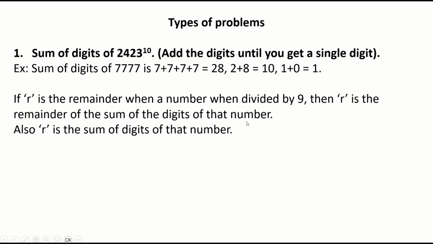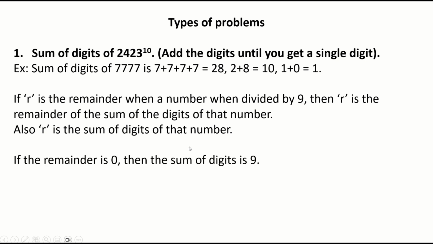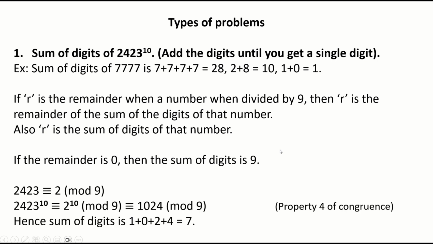If r is 0, that means the sum of digits is 9. Otherwise, 1, 2, 3, 4, 5, 6, 7, 8, it is equal to the sum of the digits of that number. Once you know this, the solution is very easy.